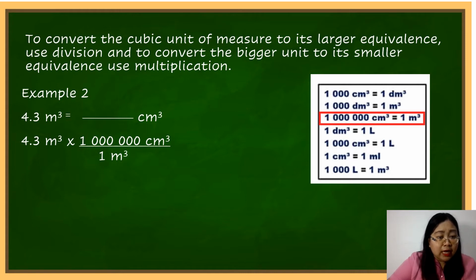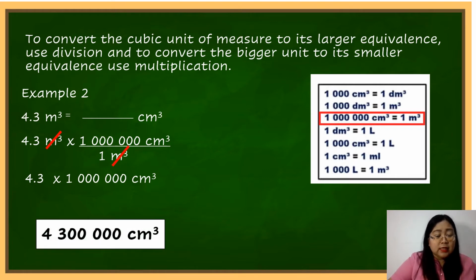First, we're going to cancel cubic meter, and then 4.3 times 1 million cubic centimeters is equal to 4,300,000 cubic centimeters. So the answer is 4.3 cubic meters is equal to 4,300,000 cubic centimeters.